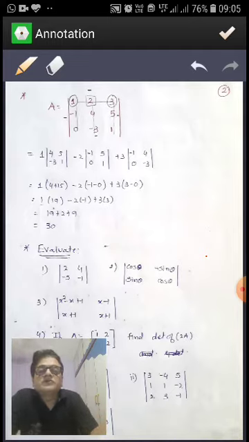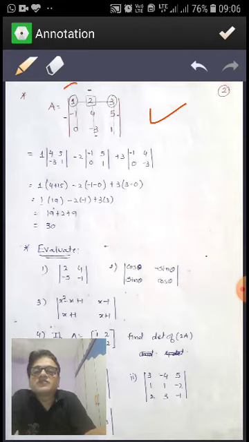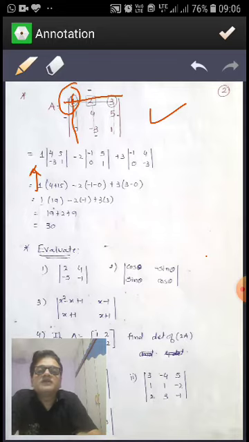Okay, so taking the first row as the base row. First row, first number, it is 1. So remove the first row and first column, put 1 here. So remaining is 4, 5, minus 3, 1. Now write minus 2, the opposite of this second number.